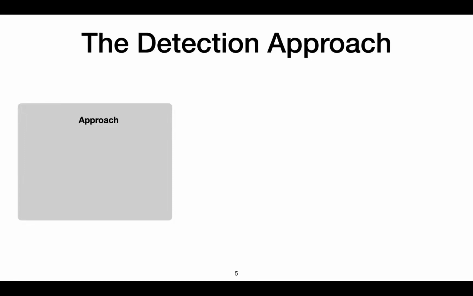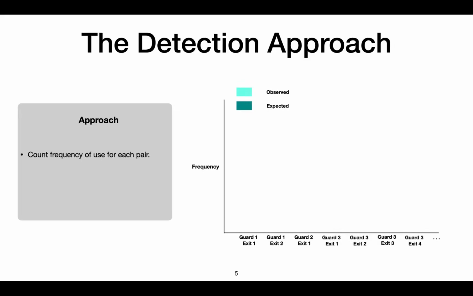Our approach to detection will be as follows. We will count the frequency of occurrence for each guard-exit pair in the observed circuits. On the x-axis here, we see examples of guard and exit relay pairs. On the y-axis, we see the number of times each of these pairs was used in a circuit, their frequency.